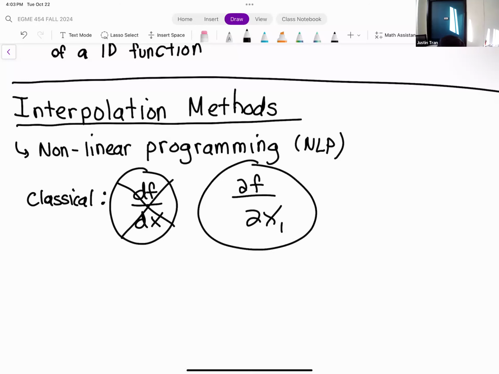The whole idea with nonlinear programming is to say, can we find the optimum of an objective function without taking its derivative?